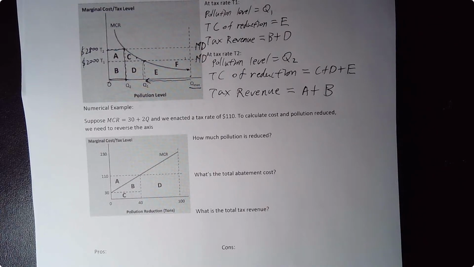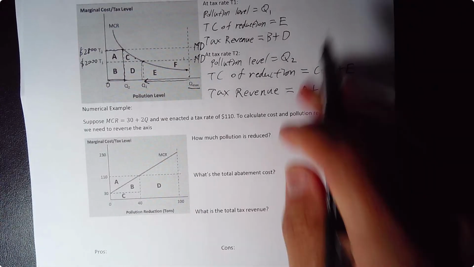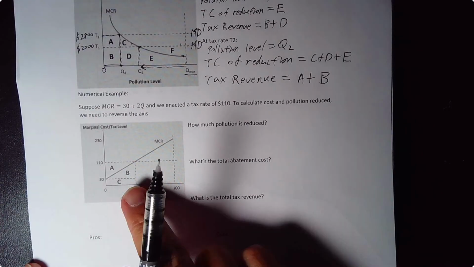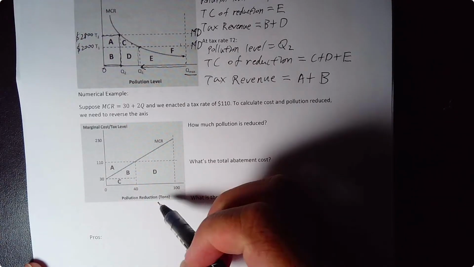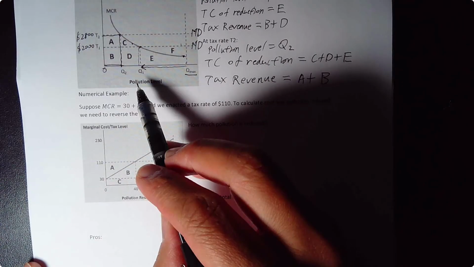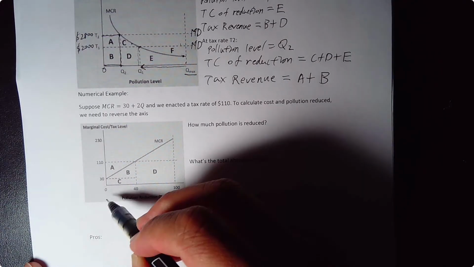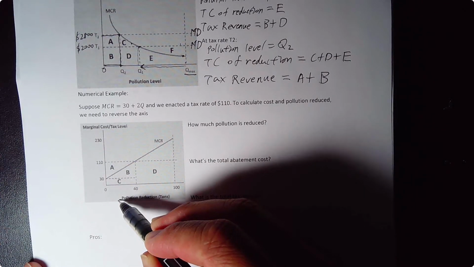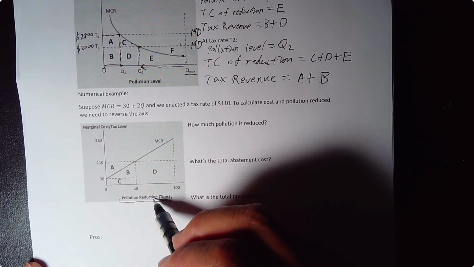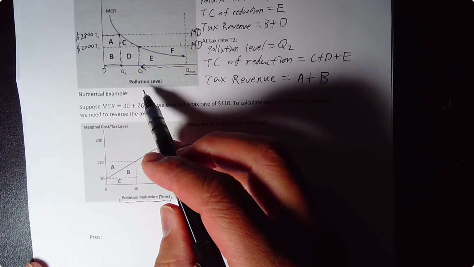Okay, now let's do a numerical example. In order to do a numerical example, we have to flip the graph around a little bit. This is going to get a little confusing because the definition of the graph changes. Now the axis is pollution reduced, as opposed to the previous graph, which showed the pollution level.